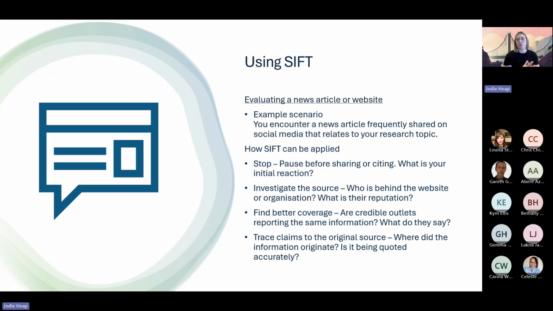There was quite an interesting one fairly recently, which is someone shared a statistic and then it got shared again and shared again and shared again through quite reputable companies, and when it was tried to be traced back, there was no originating source.